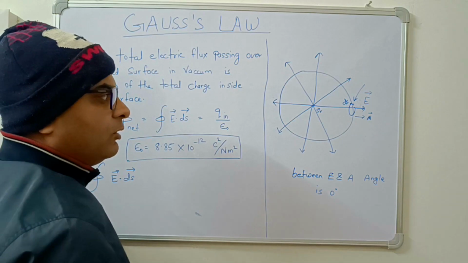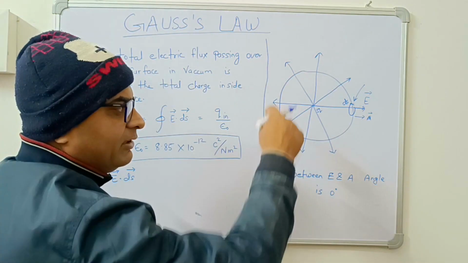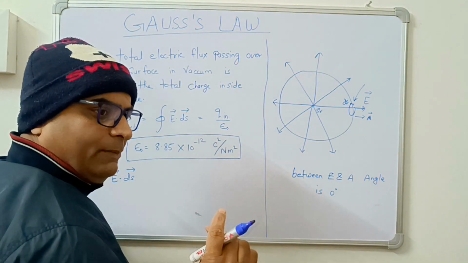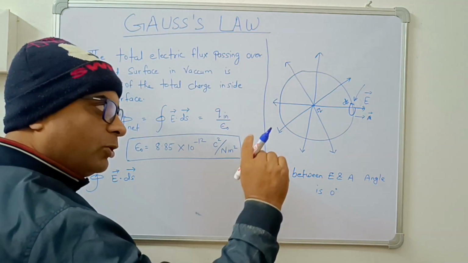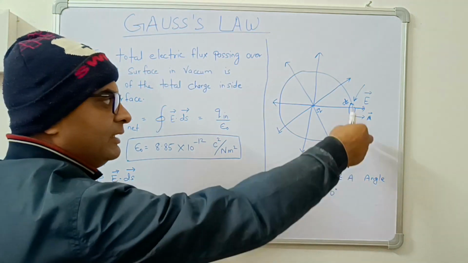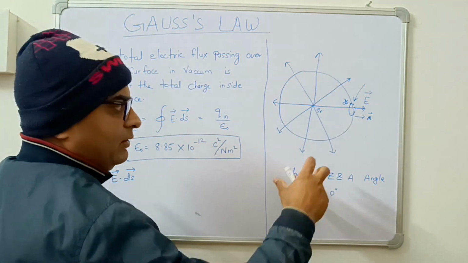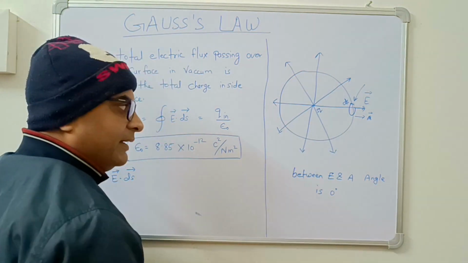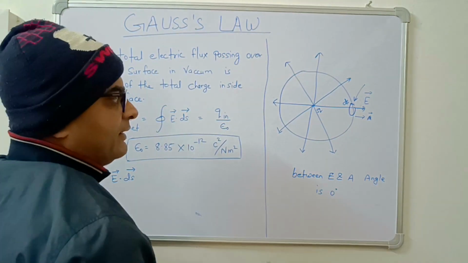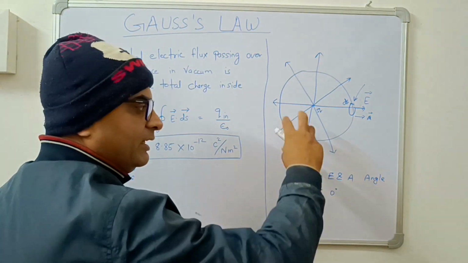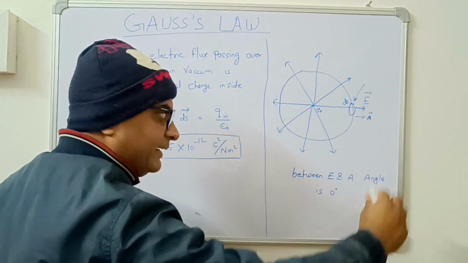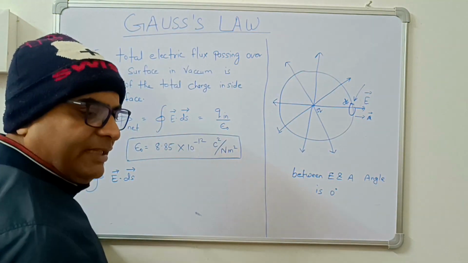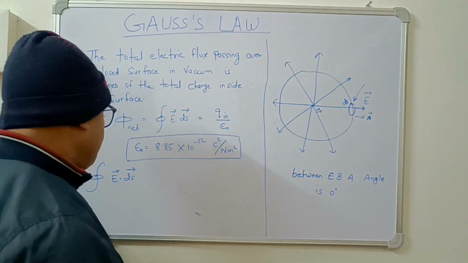To prove Gauss law, on this kind of surface we keep a small area element, and if we integrate all those small area elements, we will get the total area and the total flux passing through that area. That will give you the resultant electric field.